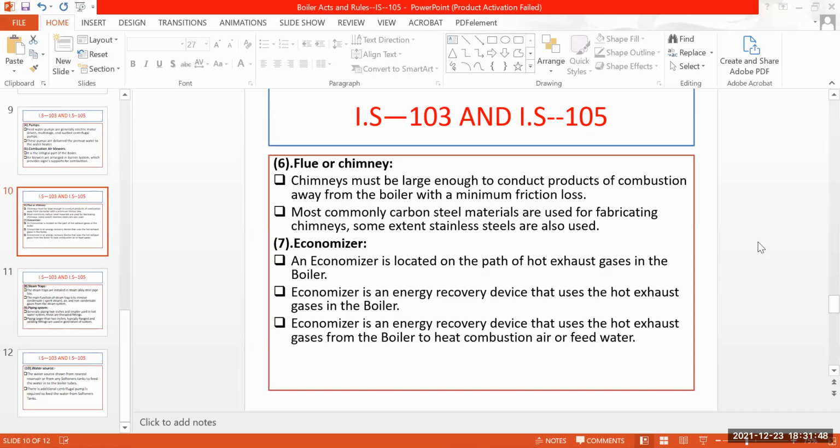Okay, this economizer is an energy recovery device which uses the hot exhaust gases from the boiler to heat combustion air or feed water.